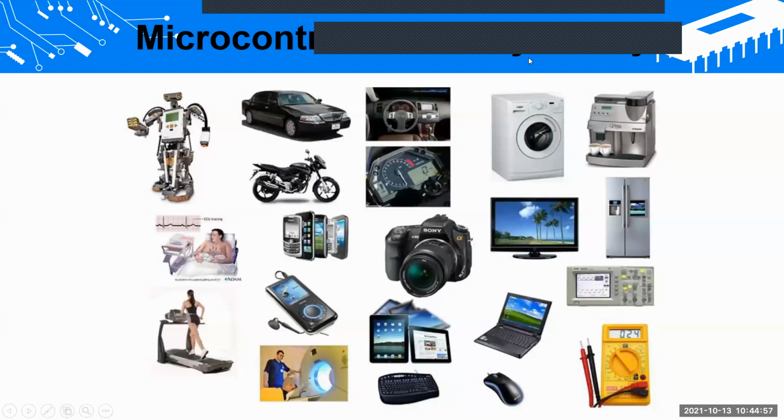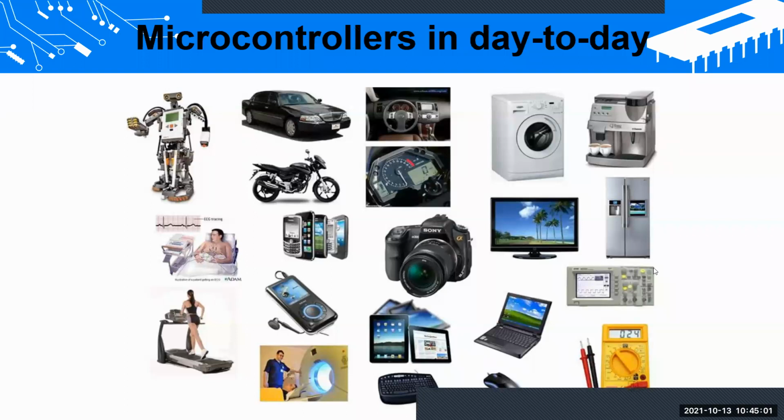Right, so these are some microcontrollers you can find in your day-to-day life. It can be in your car, like you have the ECU, right? So there is some controlling stuff. Then in the machine or the motorbike, iPod, whatever you name it, there are certain microcontrollers, right?